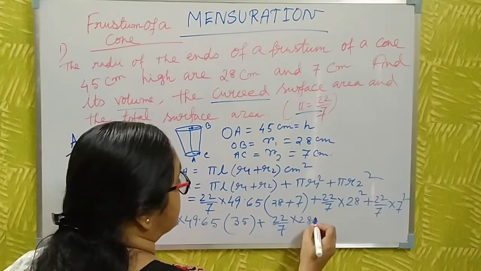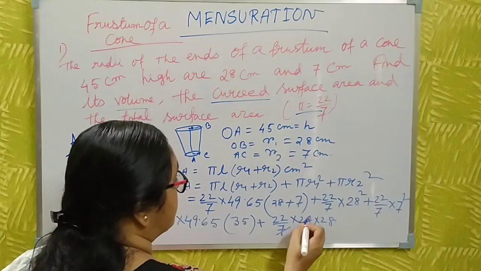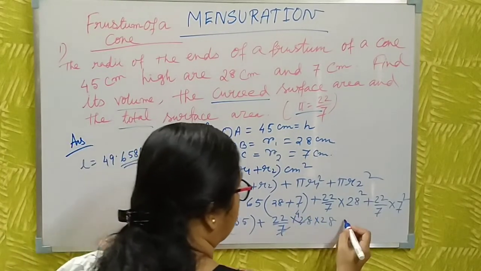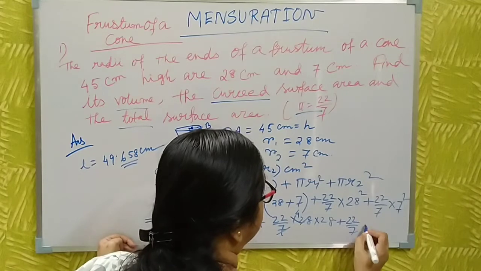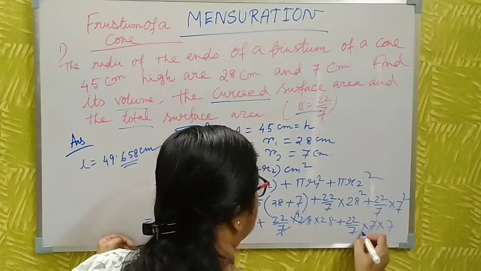You calculate just like this also, because 7 fours are 28, and then calculate here also, and 22/7 into 7 into 7, one 7 is cut also.